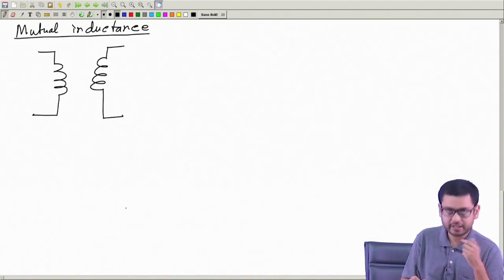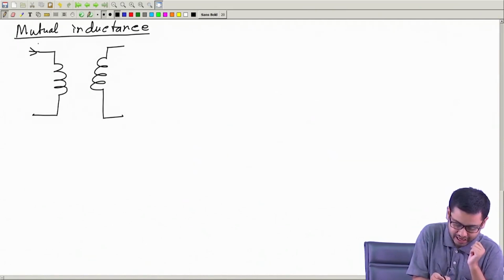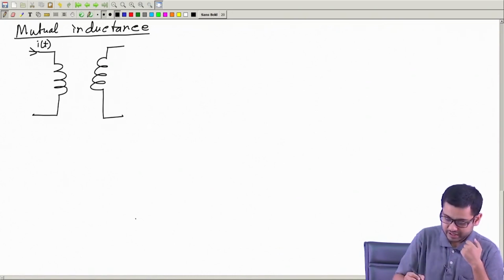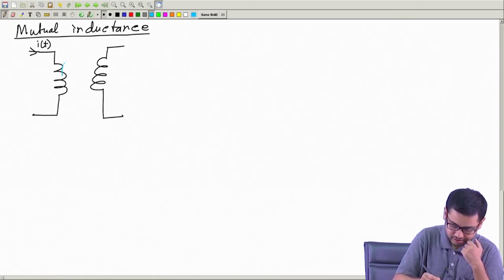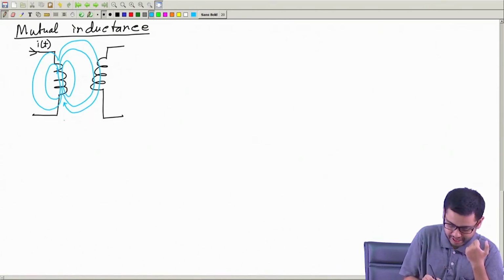placed side by side close to each other in close proximity, and then if we pass some current IT which is varying with time, then of course the flux created in this coil, which will be like this, okay, that call it phi.